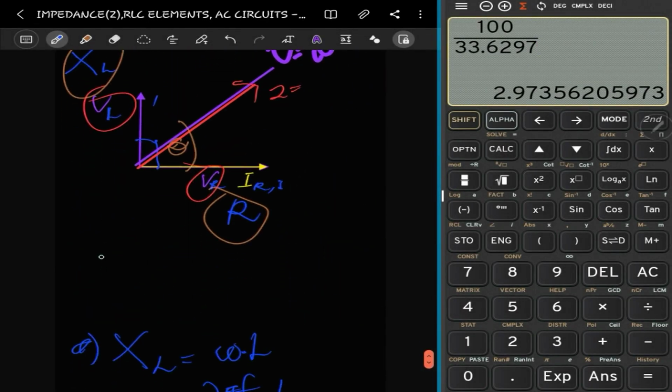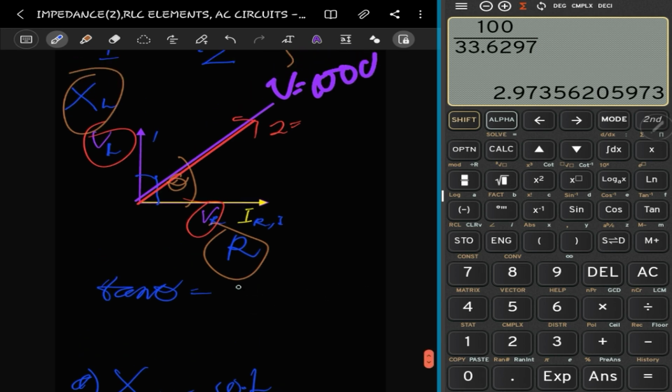This is the simplification. So this tan theta here will be either VL on VR, or XL on R, but we don't have the voltages. We have these, so we use that.